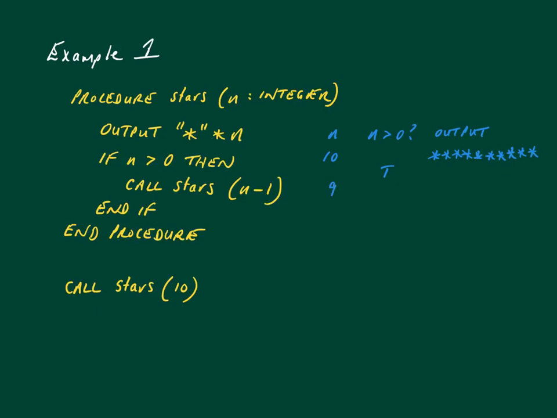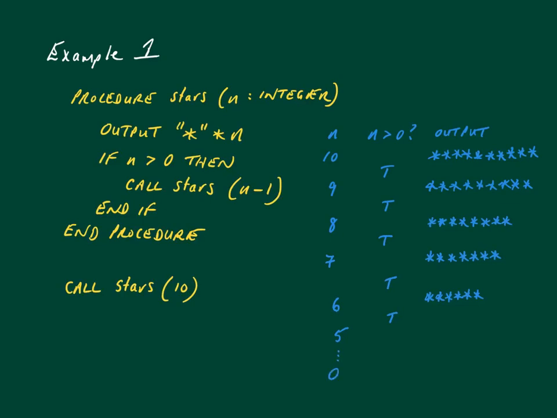It's going to output 9 stars and test again. 9 is still greater than 0, so we recurse again by calling stars with n minus 1, which is 8, makes another copy, tests, recurses, outputs, tests, and recurses, and so on until you get down to n being 0.